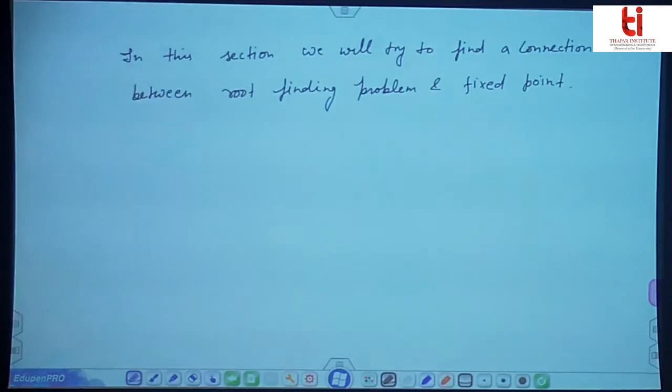How will we do that? We will do it in two ways.